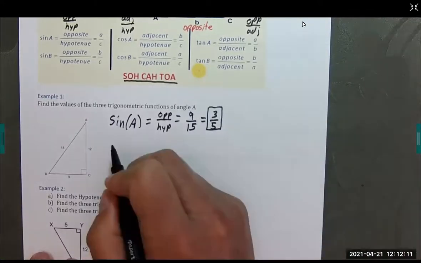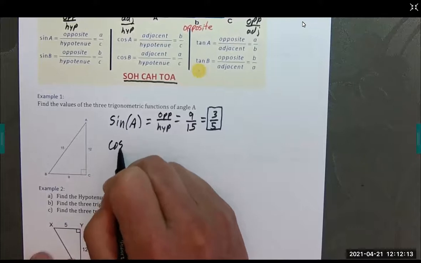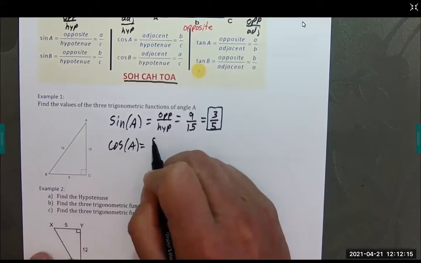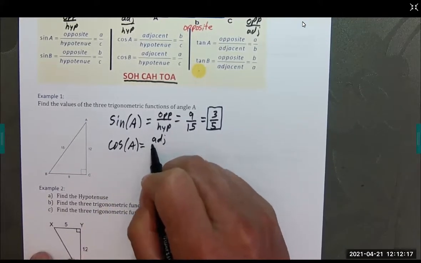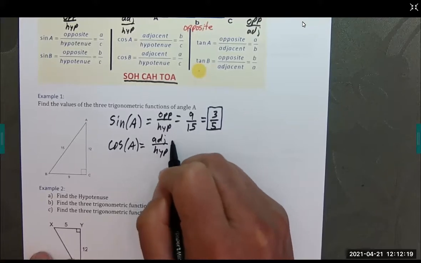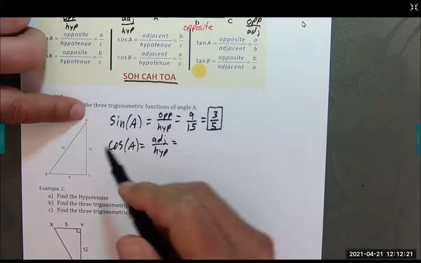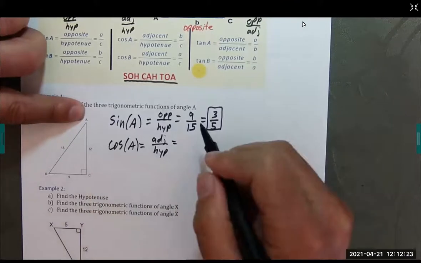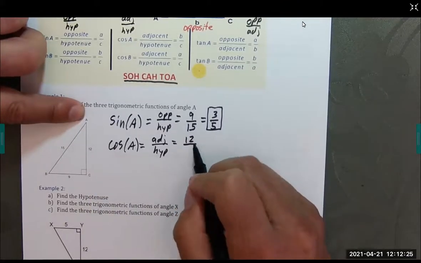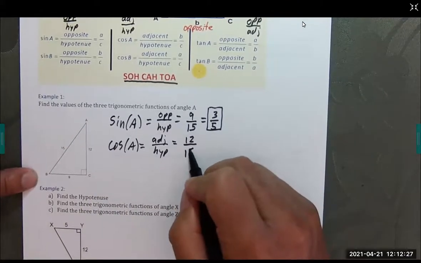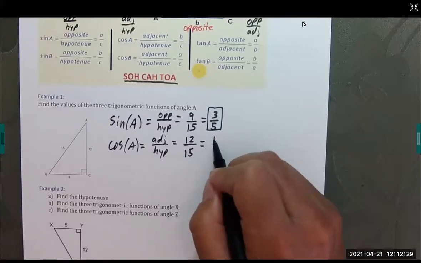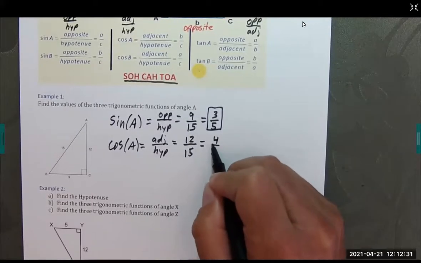We also have cosine of A. If you remember, cosine is the adjacent over the hypotenuse relative to angle A. So here's angle A, here's the adjacent, it's 12, over the hypotenuse, which is 15. And once again, that reduces to 4 over 5.